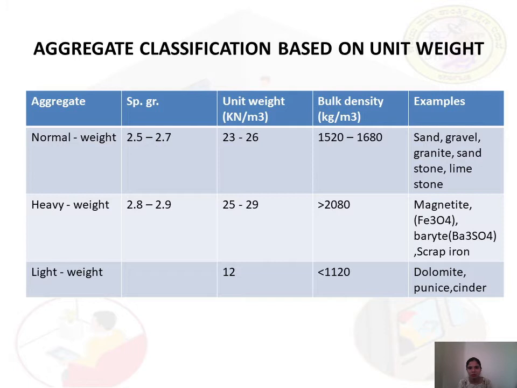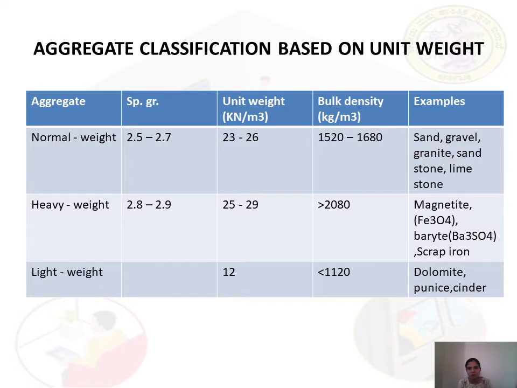Normal weight aggregates have a specific gravity of 2.5 to 2.7. Heavyweight aggregates' specific gravity is more than the normal weight aggregates, and the range is between 2.8 to 2.9, and there is no particular specific gravity for lightweight aggregates.